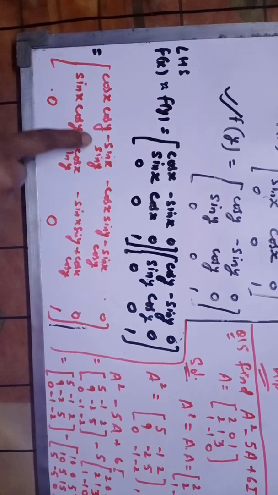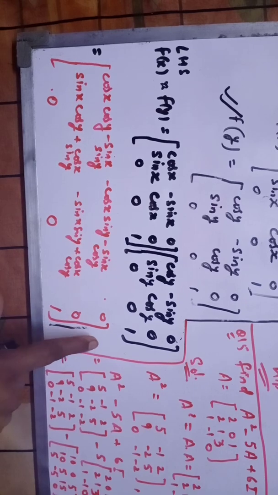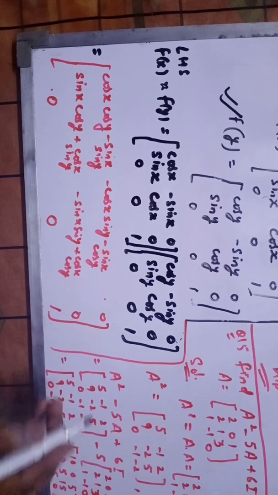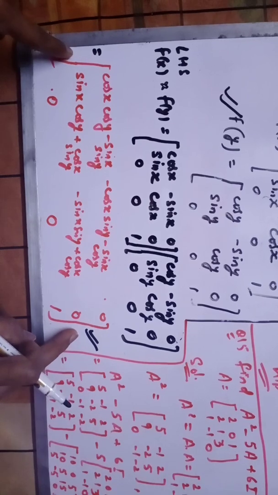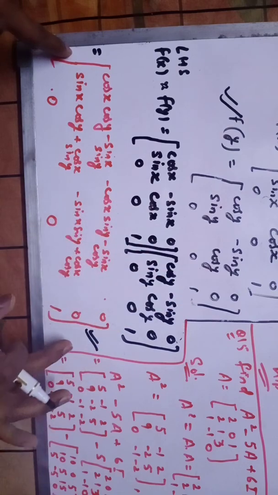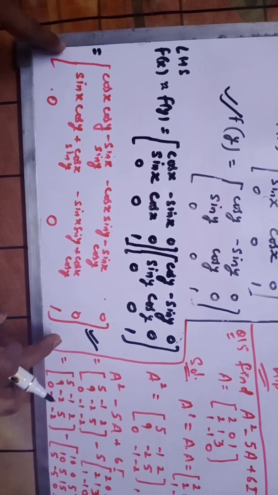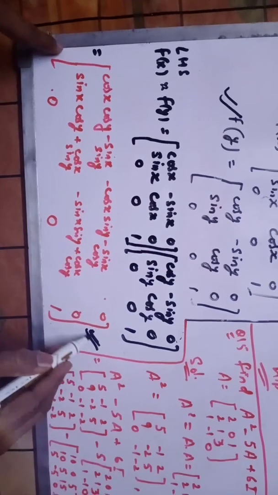So after multiplication you will get this matrix. See it carefully. Check it. Normally you have to find the product, and then you will get this matrix.